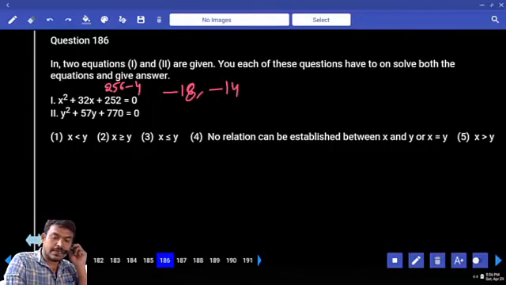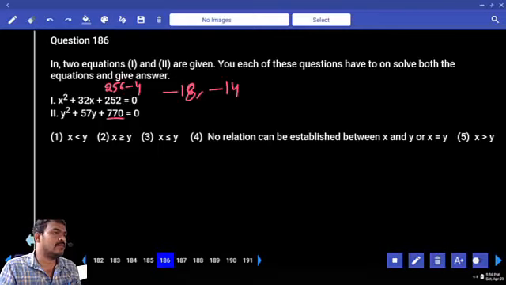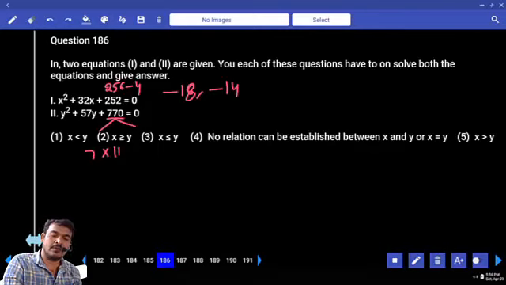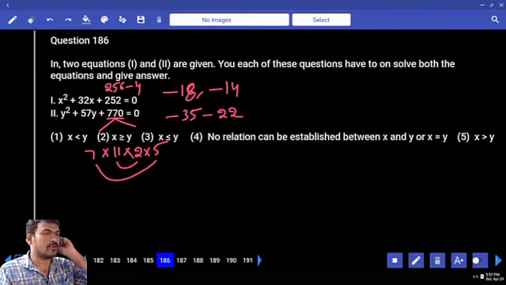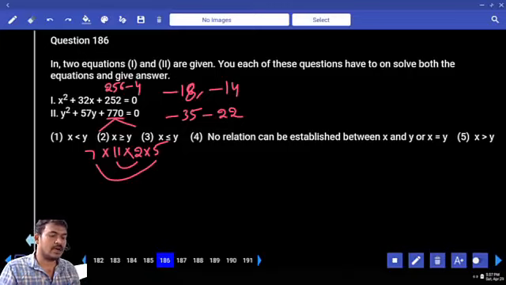Second one, 770. 770 we write as 7 into 11 into 10, and 10 we write as 2 into 5. 11 times 2 is 22, 7 times 5 is 35. One will be minus 35, another one minus 22. Comparing x values to y values, which is greater? X is greater than y.